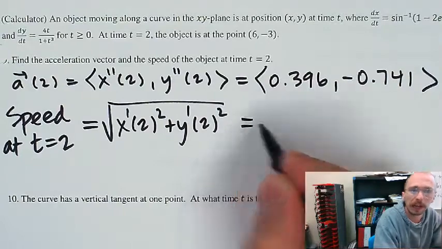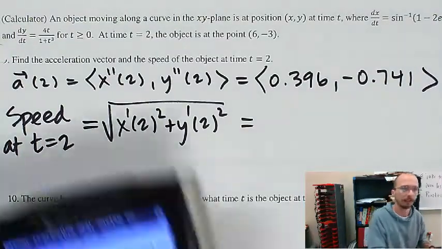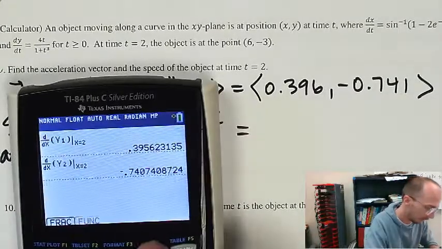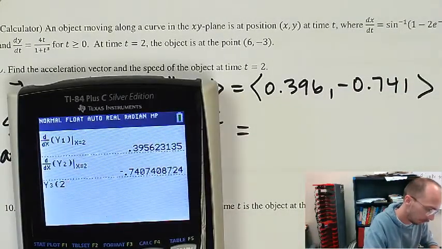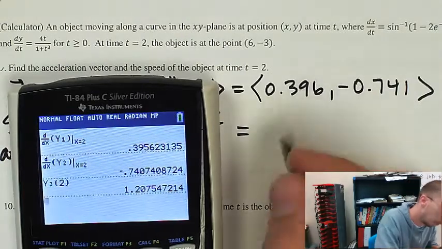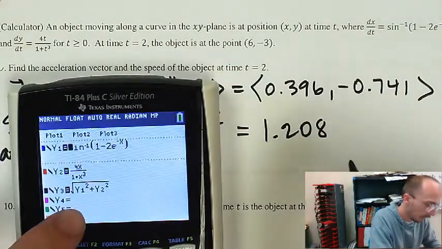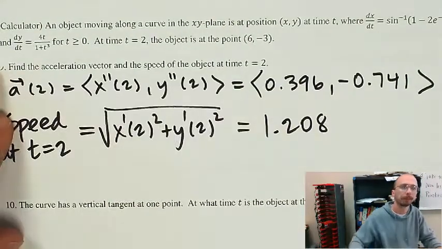I might as well just do it, right? I could plug in 2 and write all those things squared, but I think it'd be faster to say y3 of 2 equals that 1.208. Making sure that y3 is exactly what we want it to be.